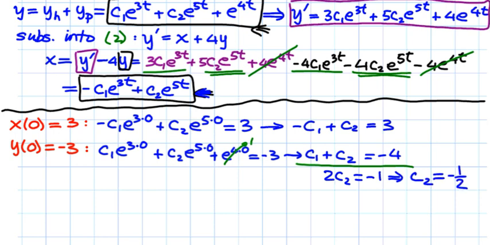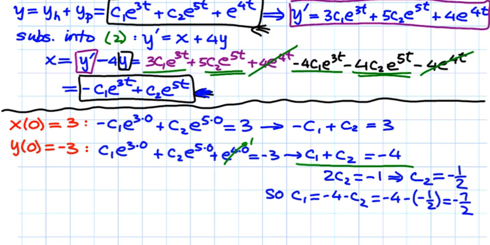So c2 is negative 1/2. We have c2, so we can find c1. c1 we can say is negative 4 minus c2. So negative 4 minus negative 1/2 is negative 7/2. So we have c1 and c2, and substitute back into the equations for x and y.